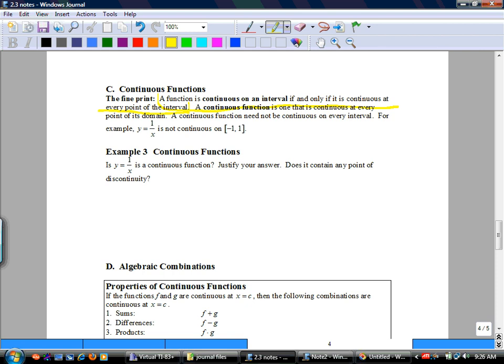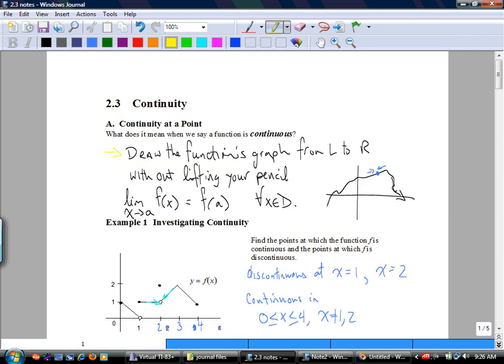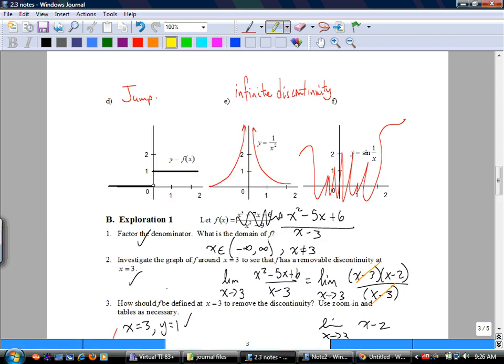So if we flip back to that very first example, in this investigating continuity picture, we would say that function is not continuous at these points. But if I talked about the interval 3 to 4, you would say it's continuous on that interval. Or we're only looking at specific parts of the graph. That's how we can get around these problems.